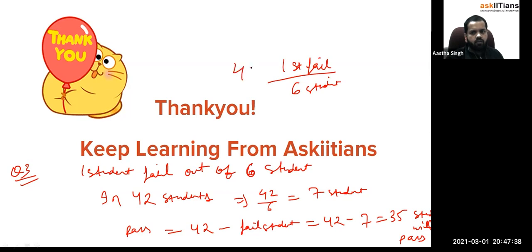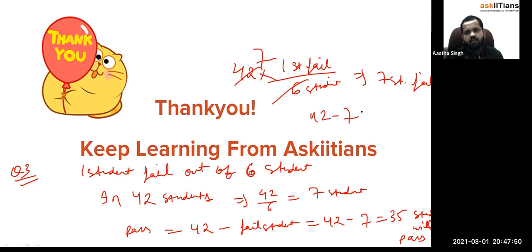So in 42 students, how many will fail? Six will cancel out to seven. Seven students will fail. How many will pass? 42 minus 7 will pass, that is 35. I think the point is clear, guys.